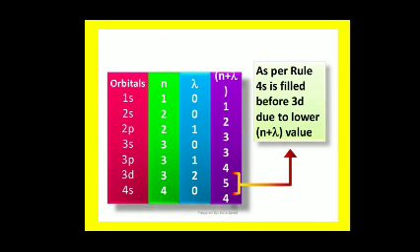For the 3d orbital, n value is 3, d orbital l value is 2, therefore n plus l is equal to 3 plus 2, that is equal to 5. The 3d orbital n plus l value is 5, the 4s orbital n plus l value is 4. Then the electron first enters into the 4s orbital, then after enters into the 3d orbital, due to the lower n plus l value of the 4s orbital.